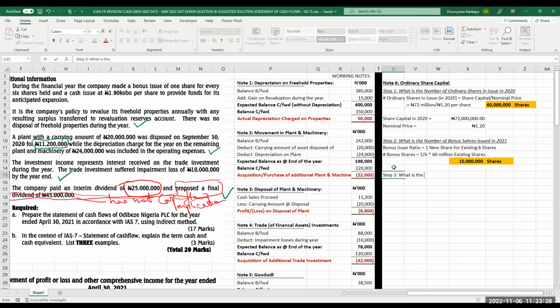What is the face value, face value is same as nominal value, of the bonus shares issued? Therefore, the nominal value is now the nominal price multiplied by the bonus shares.